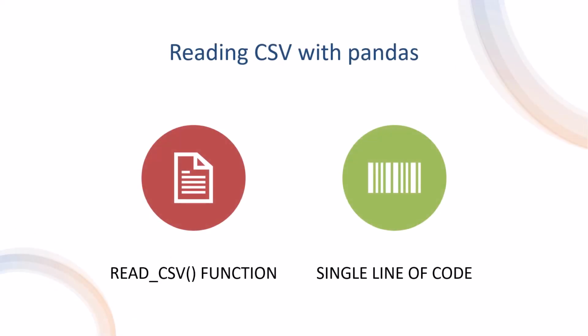Using pandas, reading a CSV file is extremely simple. With a single function call, pandas reads the file, recognizes the headers, and constructs a data frame for us. From this point onward, we are no longer working with raw text, we are working with structured data.